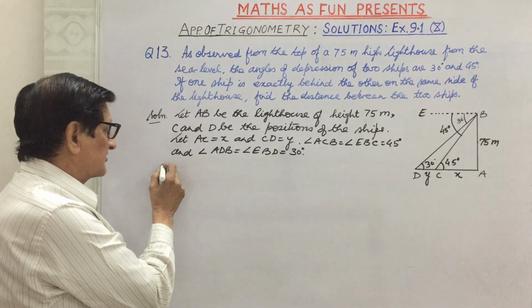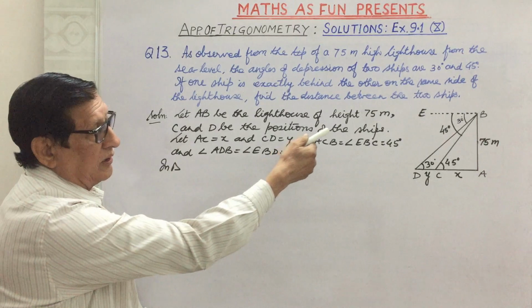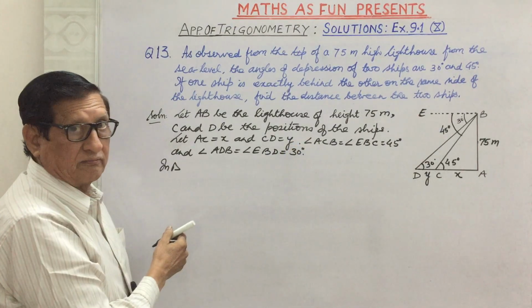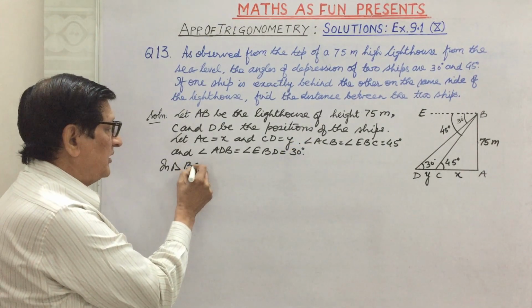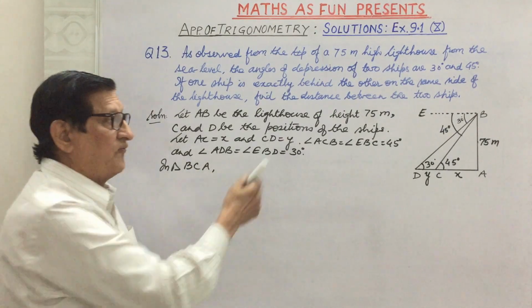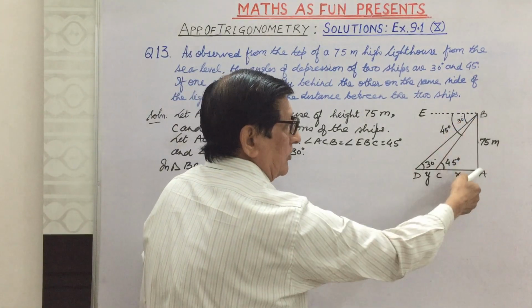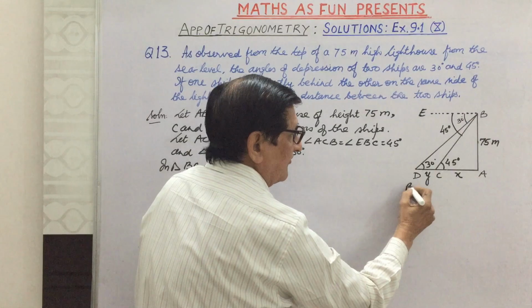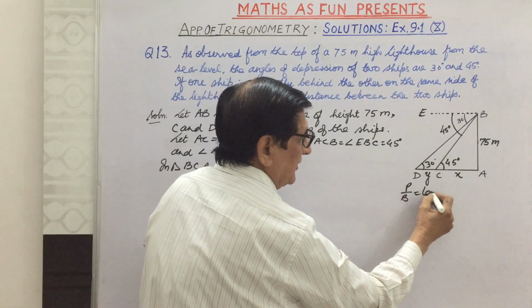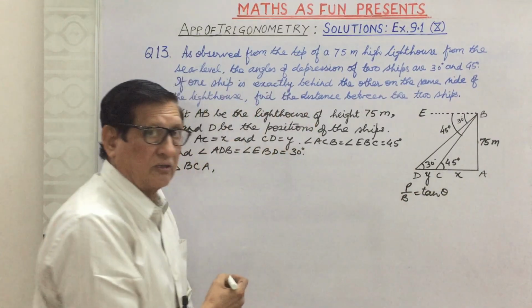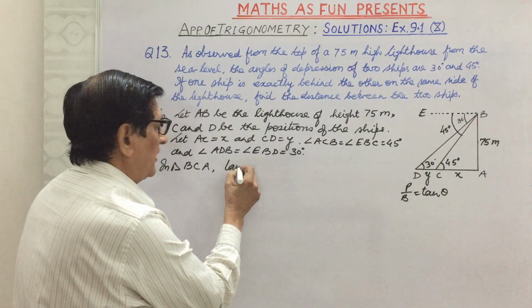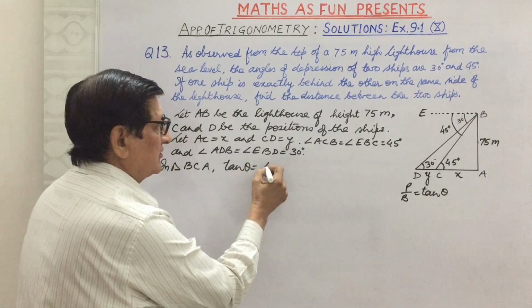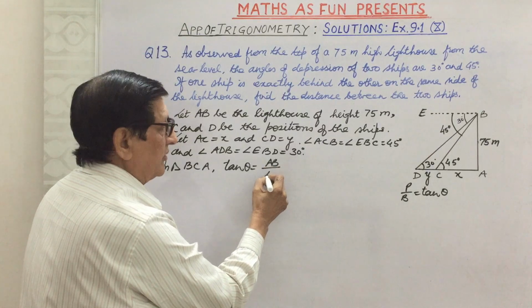For the solution, first we go in triangle BCA. In triangle BCA, we find here this is the perpendicular, this is the base, and we know perpendicular upon base is tan theta. So we apply here tan theta, and tan theta here is AB upon AC.